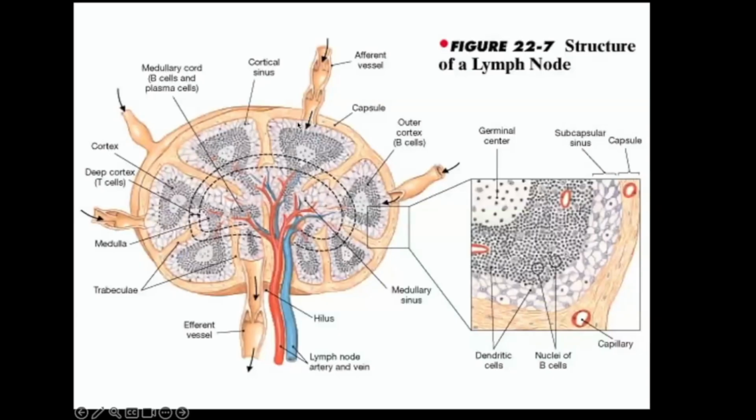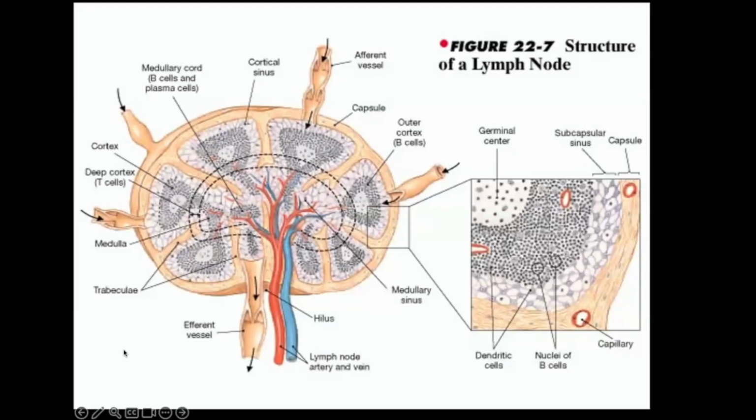And so the lymph travels through here. Bad stuff is caught up in here and destroyed. And then the lymph continues out the bottom, which is the efferent vessel, A before E. So this is now leaving and it's going up the lymph system, like I said, back into the heart eventually.